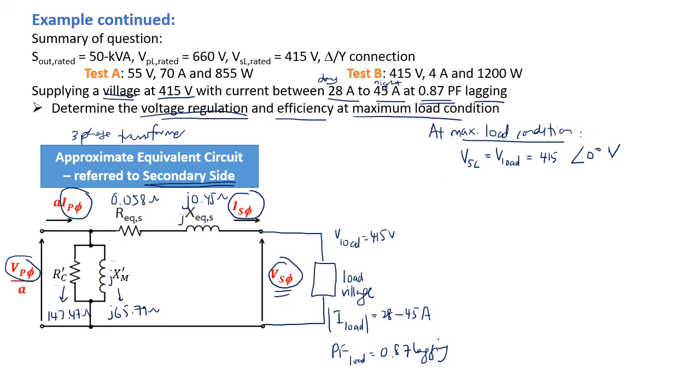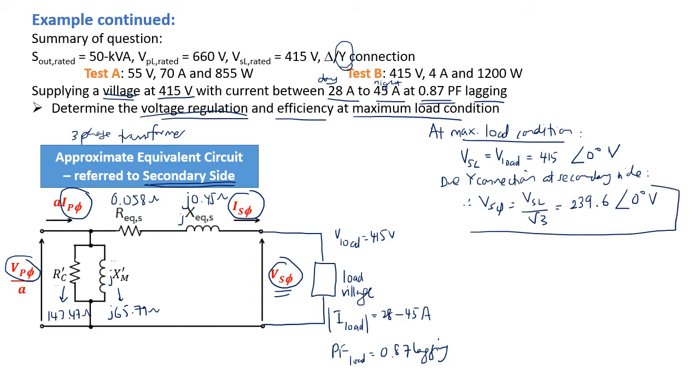Remember the connection on the secondary side is a Y connection, so Vs phase will be Vs line divided by square root of 3. 415 divided by square root of 3 is 239.6 at an angle of 0 degrees. So that is the Vs phase at maximum load.